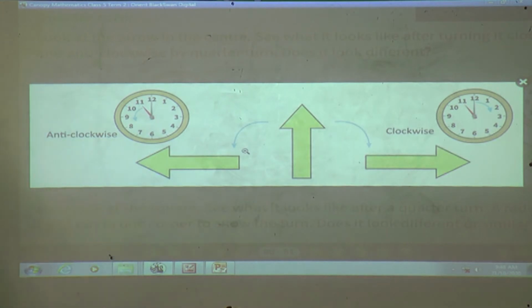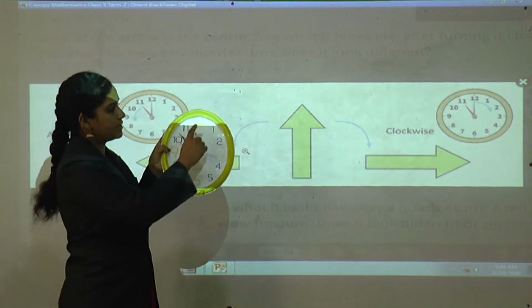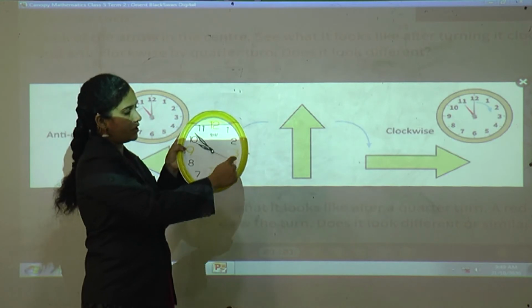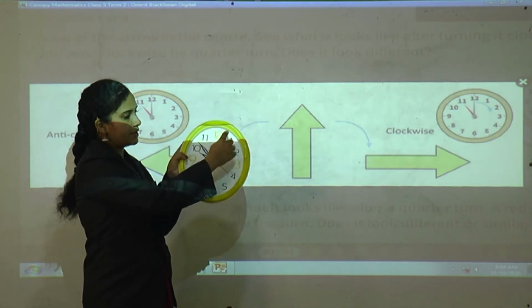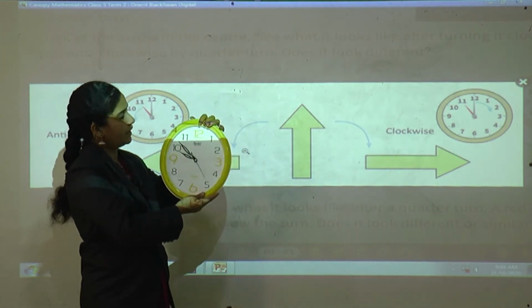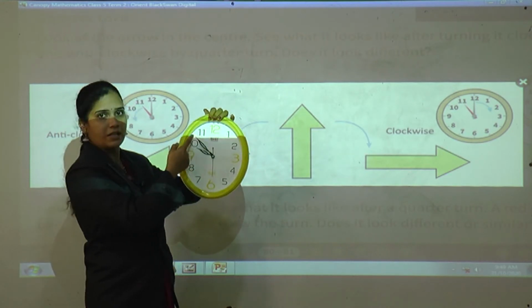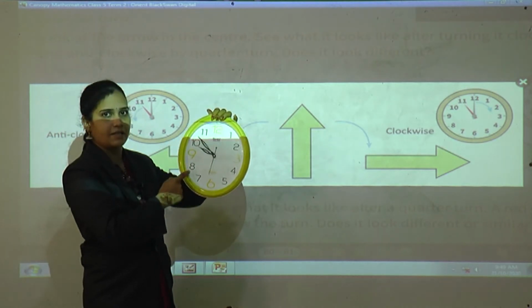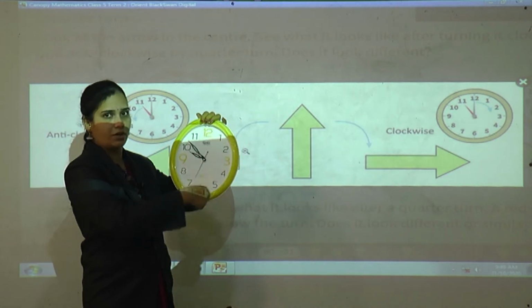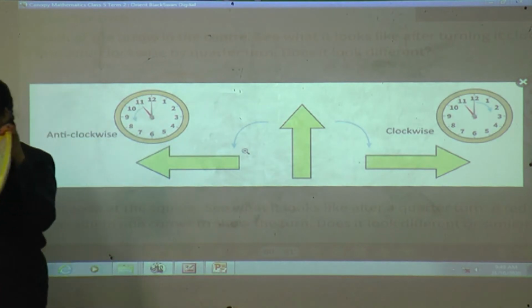What is meant by clockwise and anti-clockwise? Clockwise means going 1 hour, 2, 3, 4, like this. And anti-clockwise means going 12, 11, 10, 9, 8, 7 in decreasing order. That is the anti-clockwise direction, isn't it?